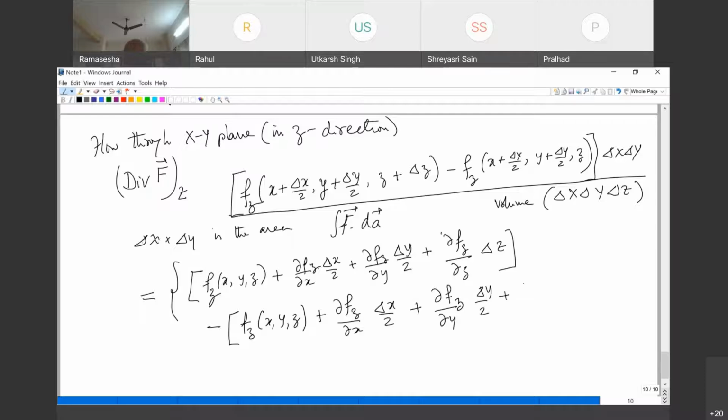That's it, because there's no need to do any Taylor series expansion on that, as that is one of the points. Sir, in the last term in the upper bracket, delta z by 2 will not be there. Yes, because I don't have delta z by 2, I have delta z, z plus delta z, the top point. This into delta x, delta y divided by volume.